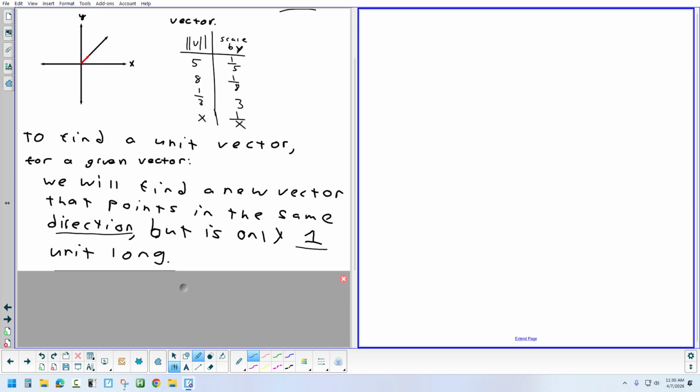So the pattern is to scale the vector by its magnitude flipped, and that turns it into a vector 1 unit long.